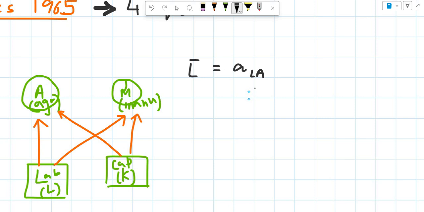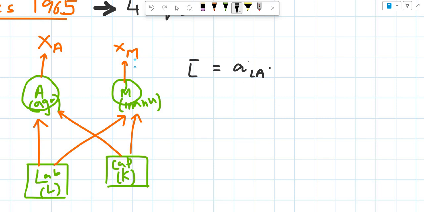This is the unit input coefficient. What do I mean by that? One unit of production of agricultural output requires this much amount of labor, right? Now let's assume that the agricultural sector produces XA amount of output in the economy, and the manufacturing sector produces XM units of manufacturing output.